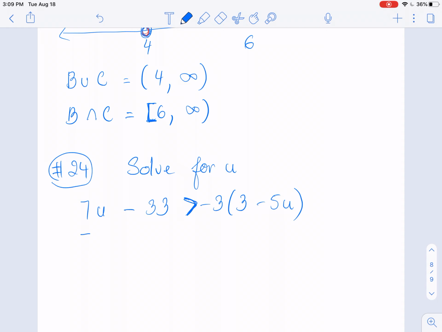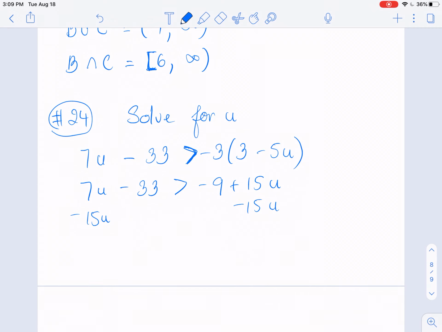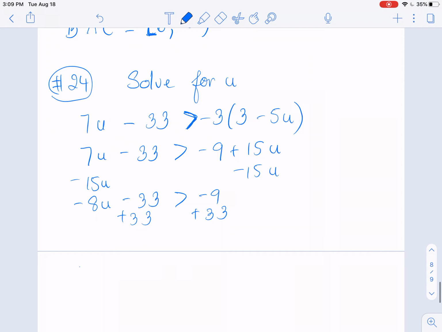Okay, so first I need to get rid of the parenthesis. So I have negative 9 plus 15u. And I'm going to subtract 15u on both sides. So what we have is negative 8u minus 33 greater than negative 9. I add 33 on both sides. So we ended up with negative 8u greater than 24.